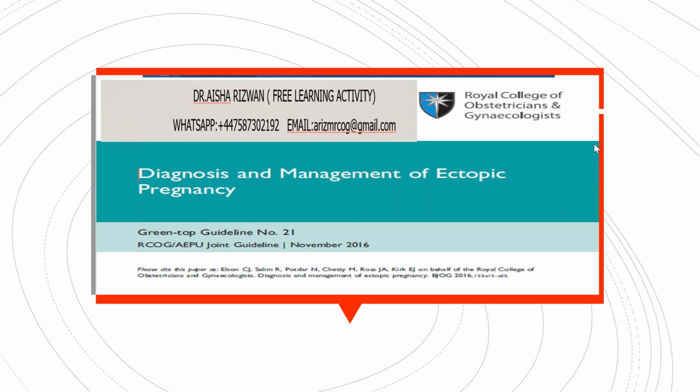That is one thing. And the evidence suggests that whether you choose laparoscopy or laparotomy, there will be no difference in the effect on subsequent successful pregnancy.